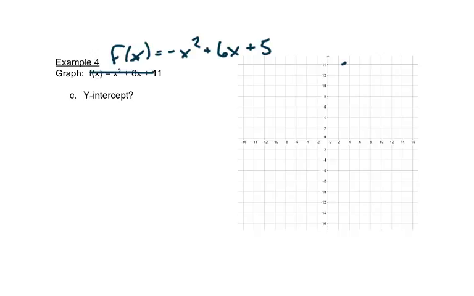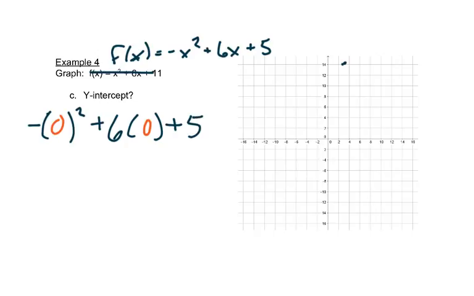So now we need the y-intercept, so we're going to put 0 in for x. So we'll have negative 0 squared plus 6 times 0 plus 5. And the 0 cancels this spot out and cancels this spot out and leaves us with y equals 5.